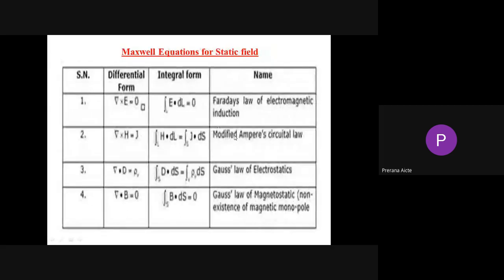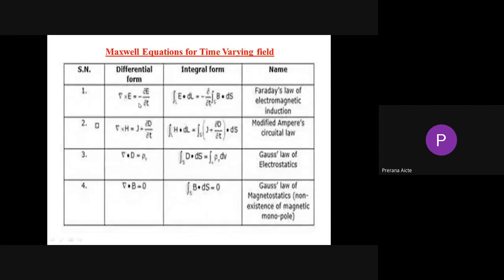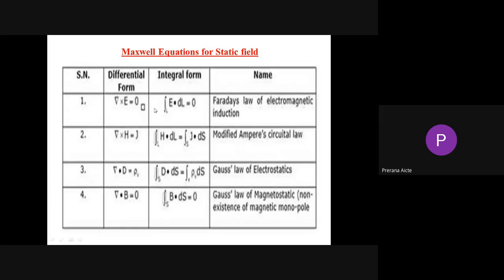Now for static fields, where the field is constant, del cross E is equal to 0. In the previous case, del cross E is equal to minus dou B by dou t, the rate of change with respect to time for time varying fields, whereas in static fields it is constant, therefore the differentiation is equal to 0.